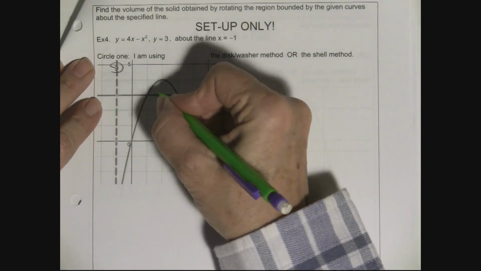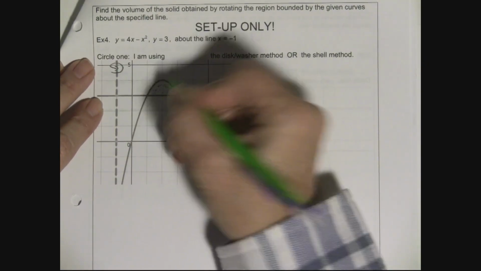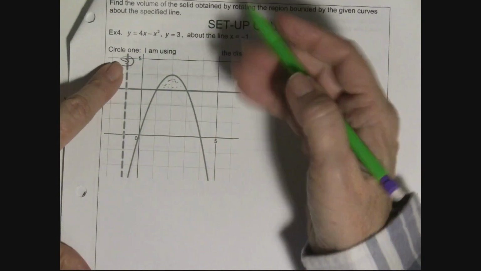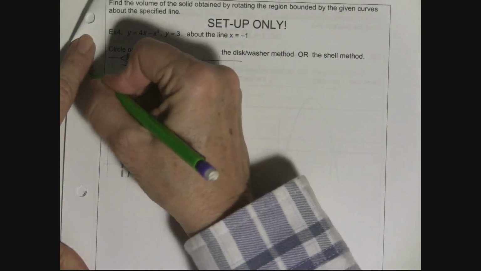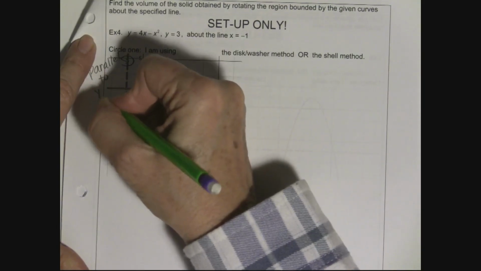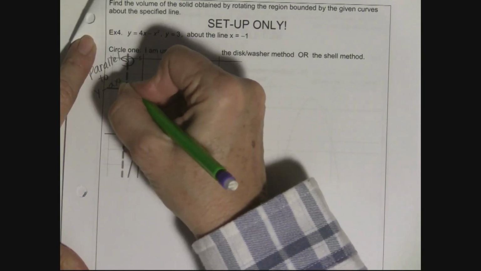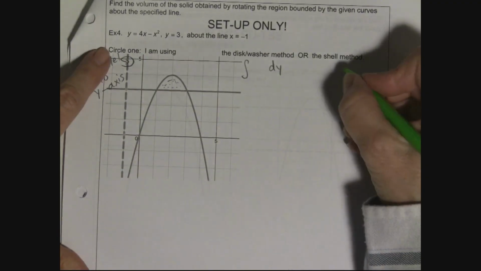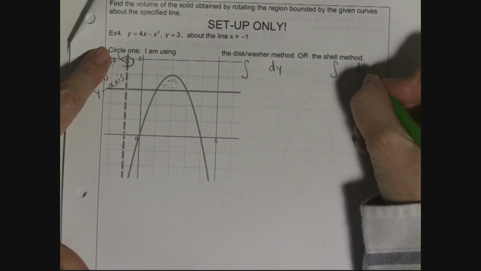This is the area that we have whirling around. Because that is parallel to the y-axis, that means the disk washer would be dy, and the shell would be dx.